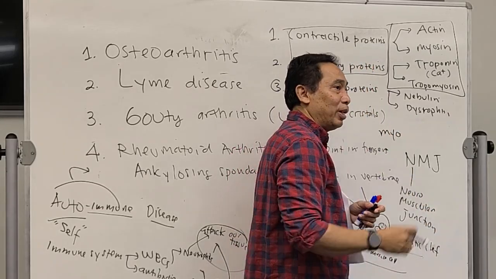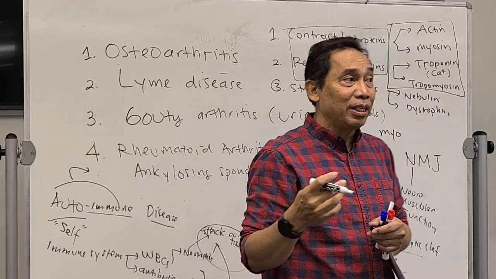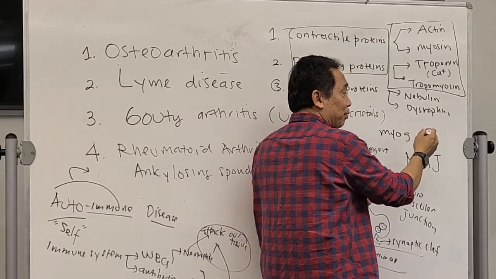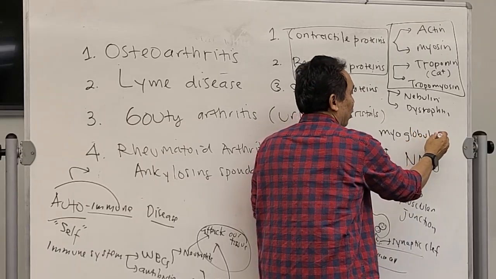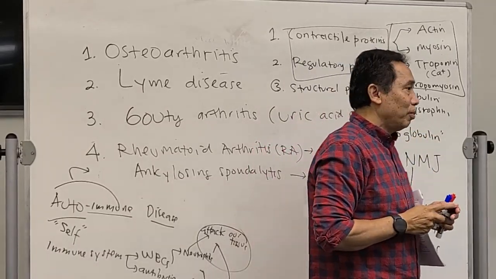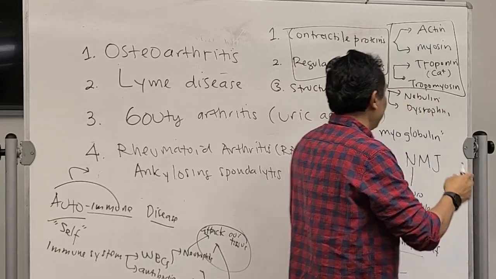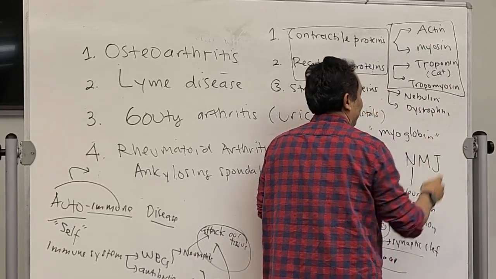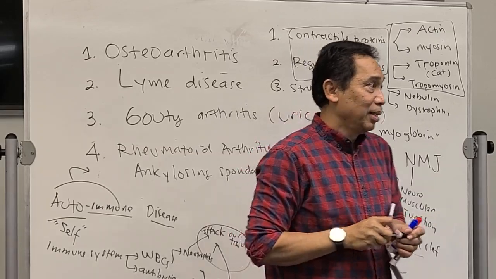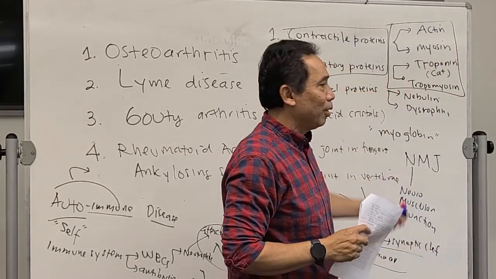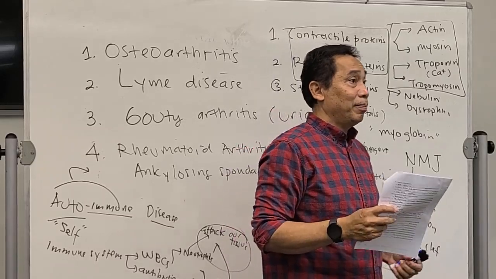Myo. What do you call the protein that carries oxygen? Mostly in the form of a globular protein, therefore it's called globulin. So myoglobulin, sometimes just myoglobin.